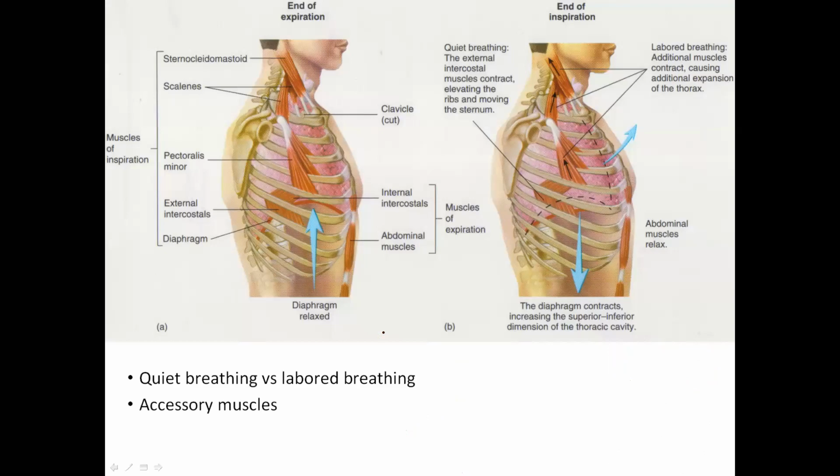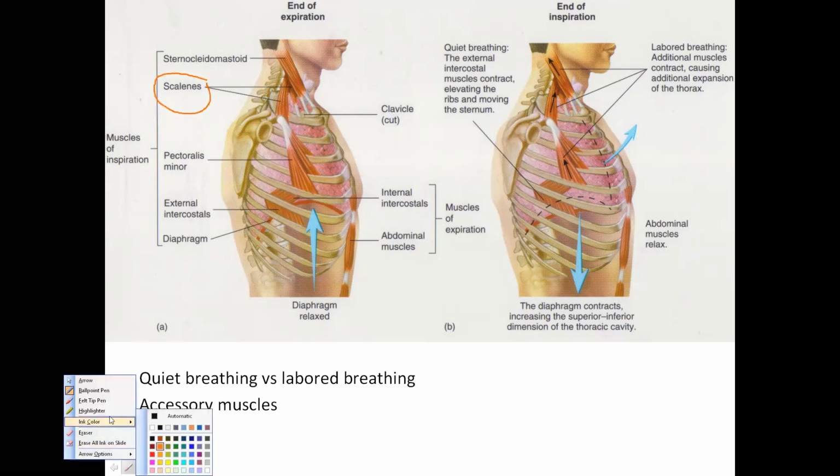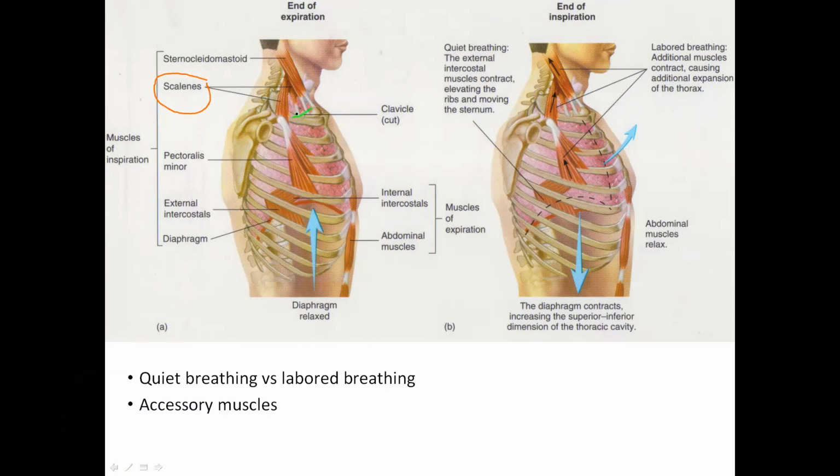Accessory muscles for breathing would be the scalenes. So there's your scalenes. The reason why is because they are connected to the ribs. As you can see there, the scalenes do have a rib attachment, and so does the sternocleidomastoid.